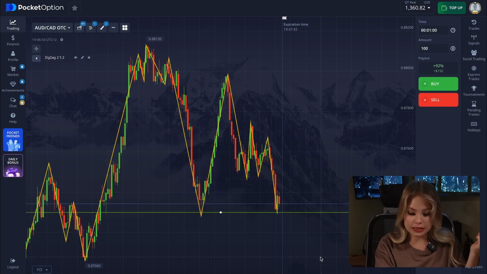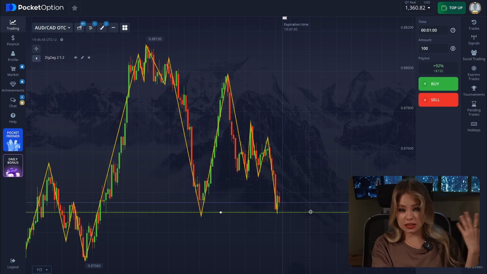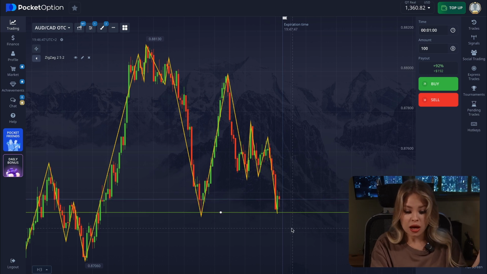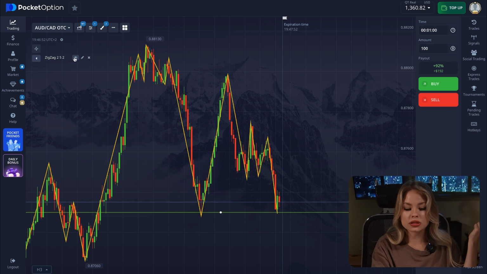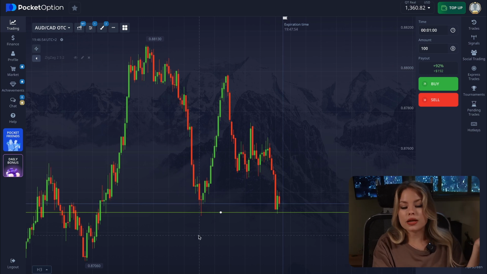On this example, you can see that the ZigZag is useful only for beginners because without the indicator, I'll hide it, it's not so obvious that we're having a support level here.